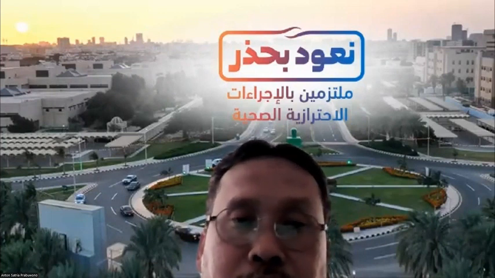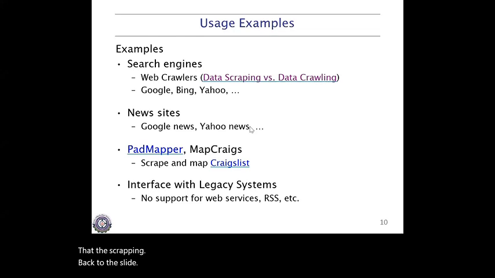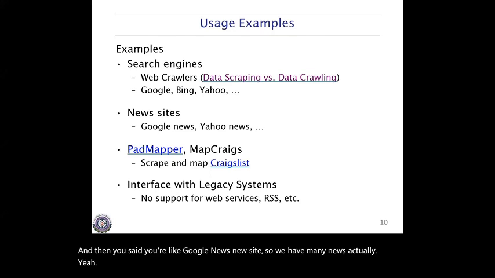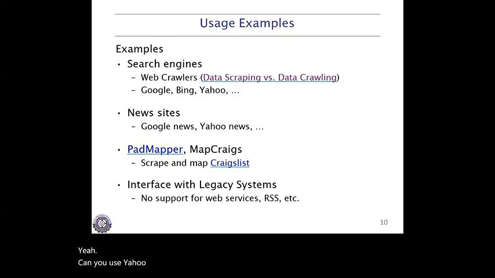Back to the slide. Okay. And then news sites, like Google News and Yahoo News. I'm not sure whether Yahoo is still available, but news platforms or sites are many, so you can find them easily on the web.